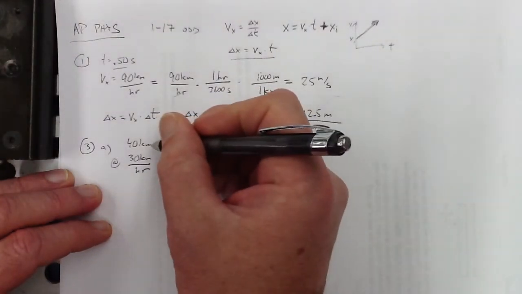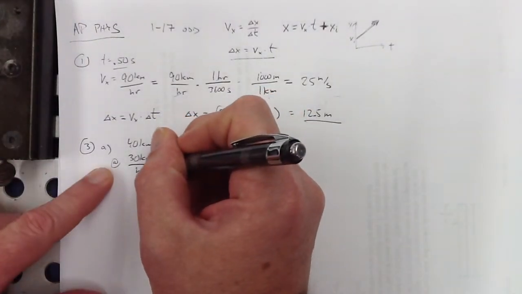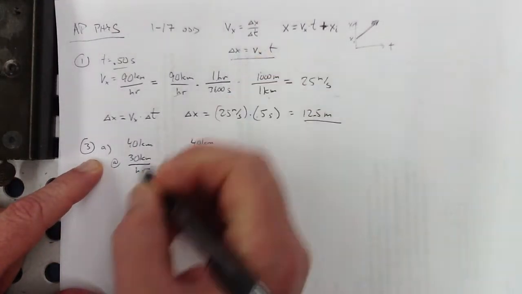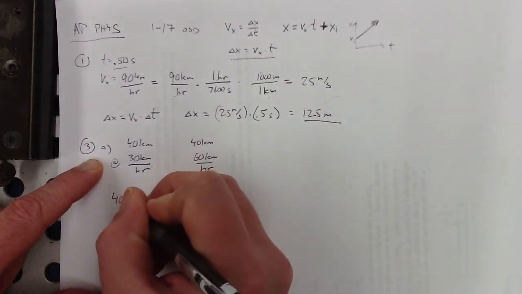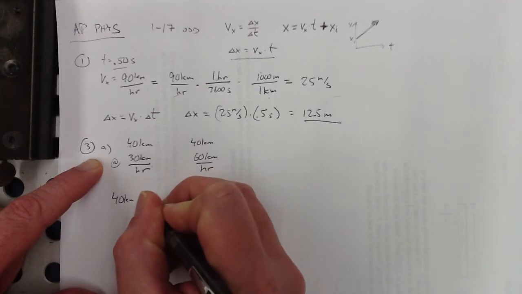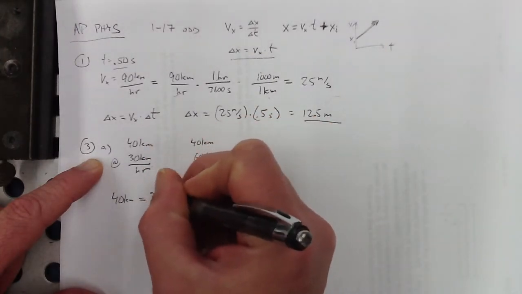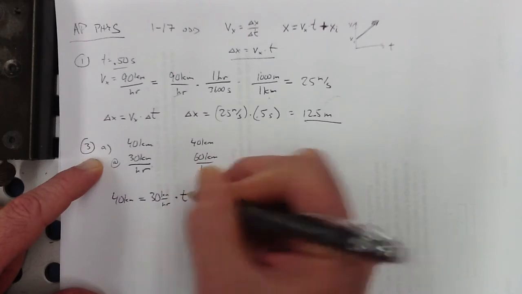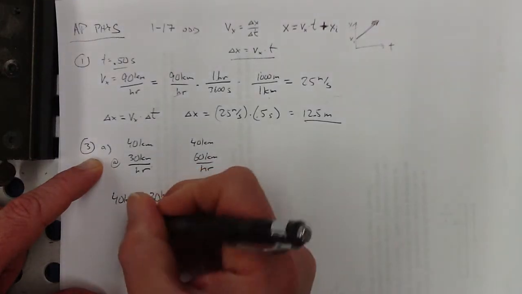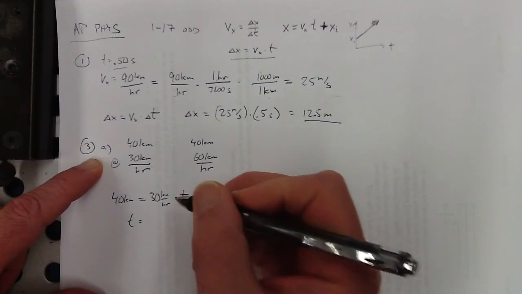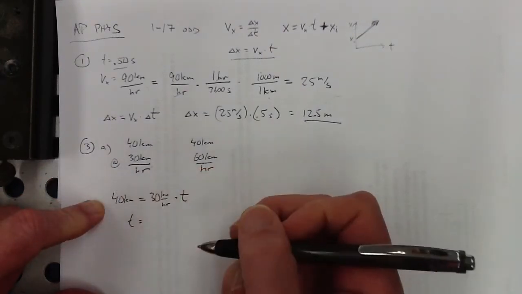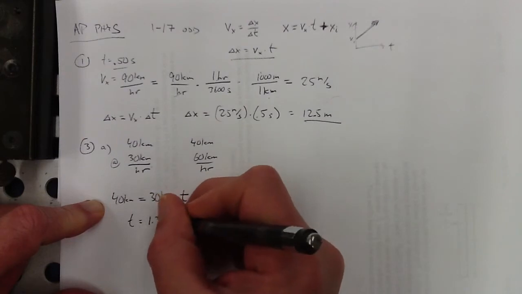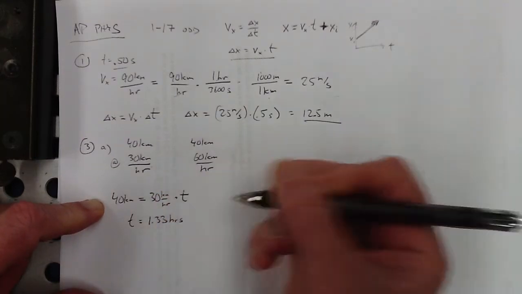So if you're going 40 kilometers at 30 kilometers per hour, let's take a look at this. So that's my distance. So I've got 40 kilometers equals 30 kilometers per hour times time. So the time here is, if I divide that over to the other side, that's going to take like 1.33 hours.